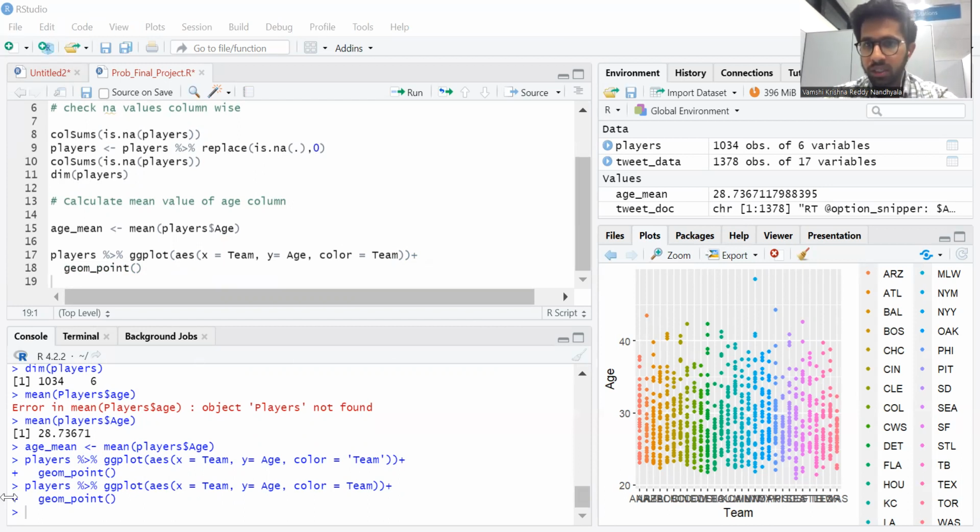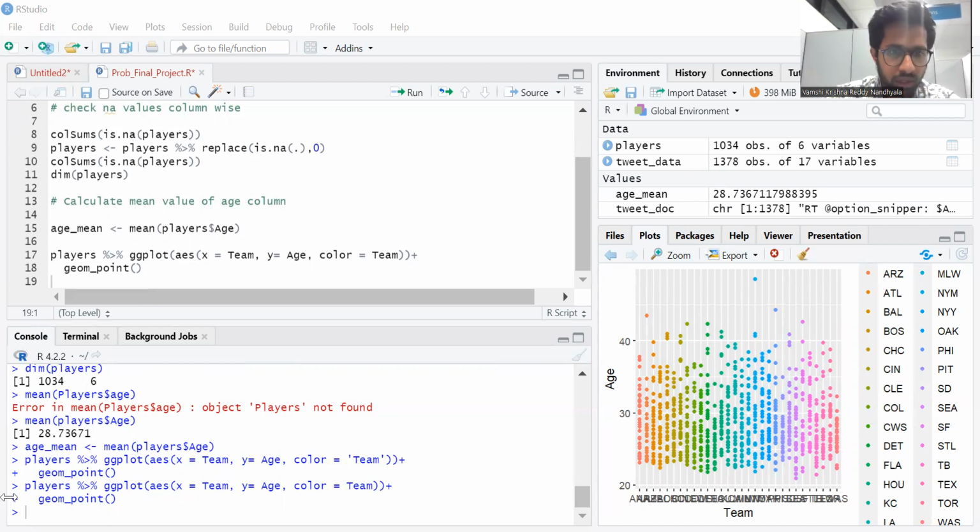So here you could see we have many teams like ANA, ARZ, ATL, BAL, BOS. There are many teams. But when you check it here, let me maximize this window.